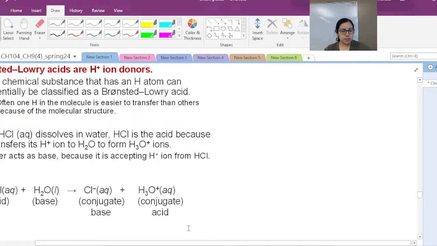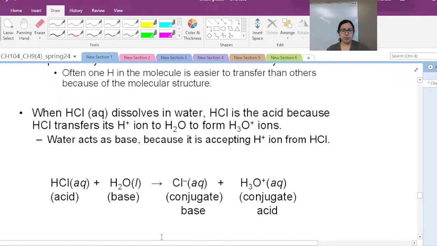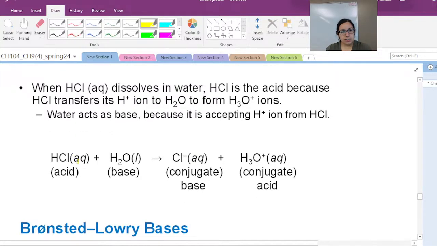Then we can see how our Arrhenius definition still fits in. We have acid dissolving in water, and water here is acting as our base. Our base has 2 electrons that can pluck off our hydrogen and make our new conjugate acid, our new protonated species.